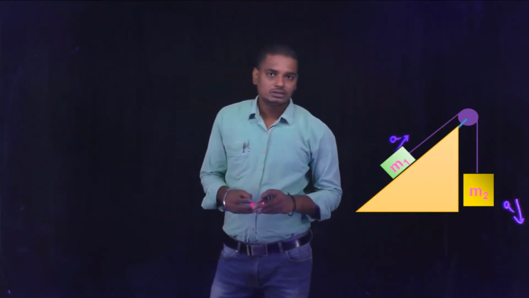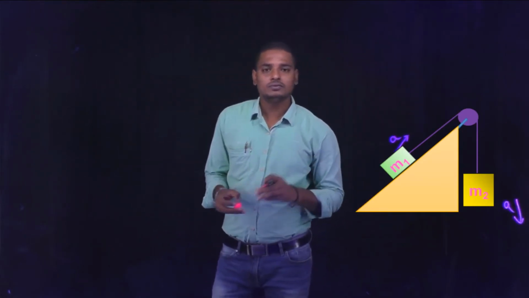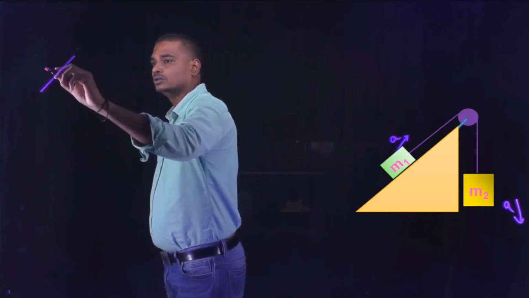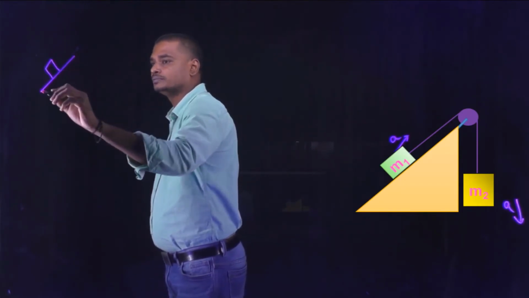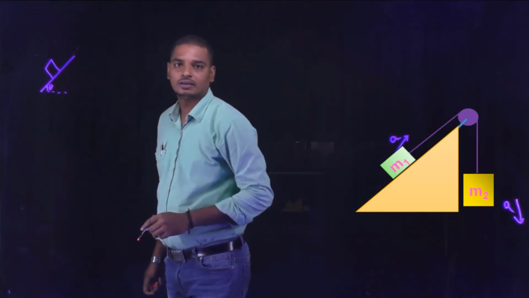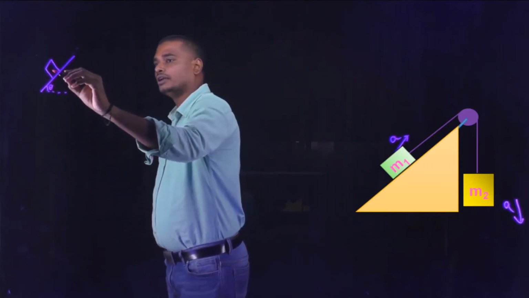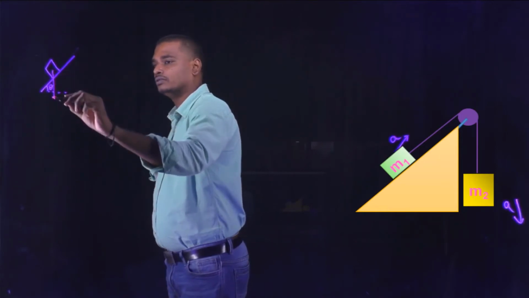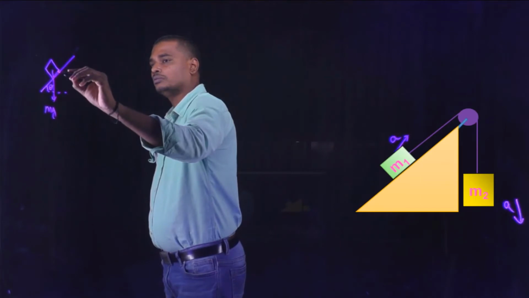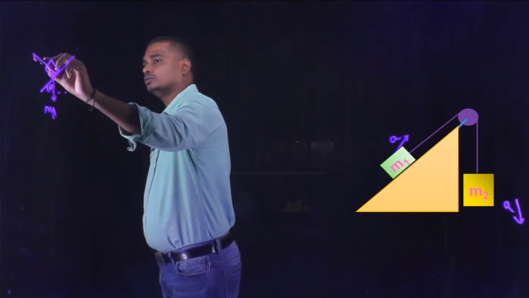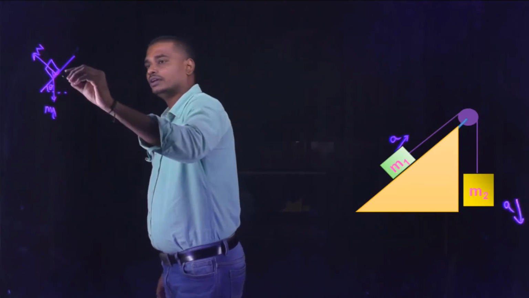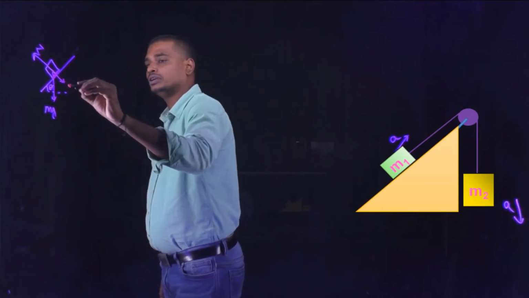Initially we have to draw the free body diagram for the block m1, as it is on an inclined plane with the angle of inclination theta. The weight of the block acts vertically downwards, that is mg, and the normal reaction N is perpendicular to the surface of contact. The weight of the block can be resolved into two components.